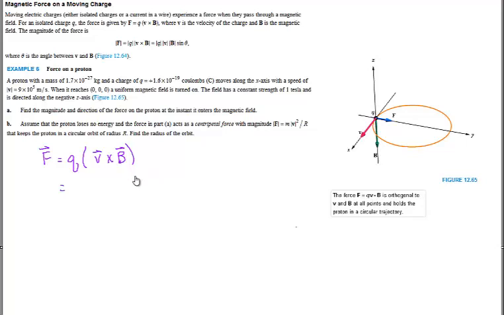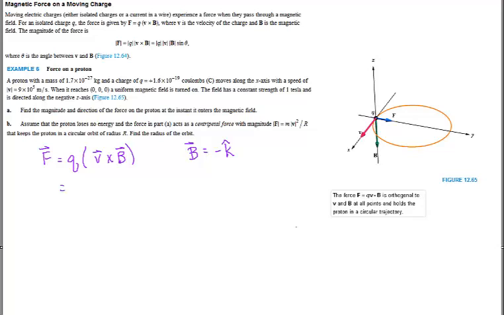Now the key in this problem is noting that B is the magnetic field and B is going to be in that direction of negative k. So vector B is actually equal to the unit vector negative k.